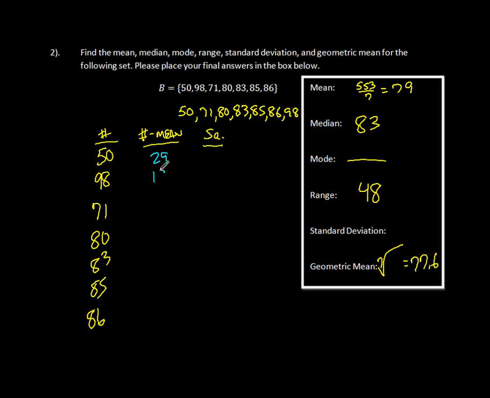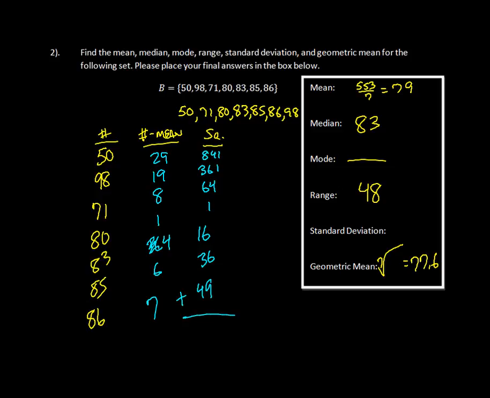This one is 19. This becomes 8. This becomes 1. This becomes 4, 6, and 7. I square each of those numbers. So this is 841, 361, 64, 1, 16, 36, and 49. And again, I'm going to add those numbers all up.